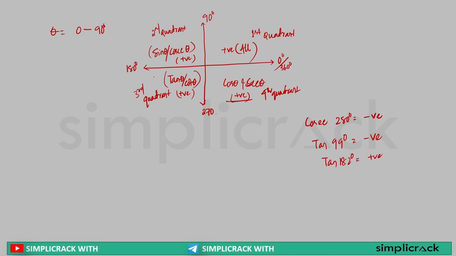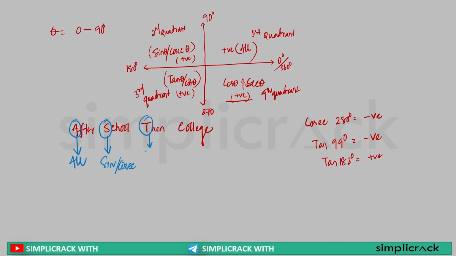Clear? So what is the trick to remember? The trick is: after school, then college. What does this mean? A means all, first quadrant. S means sin, cosec.